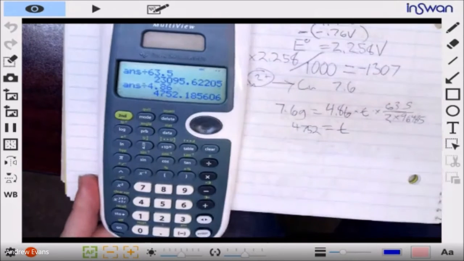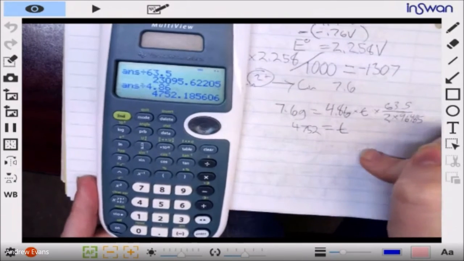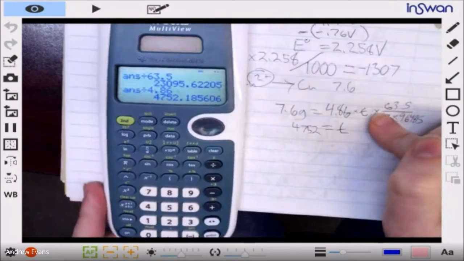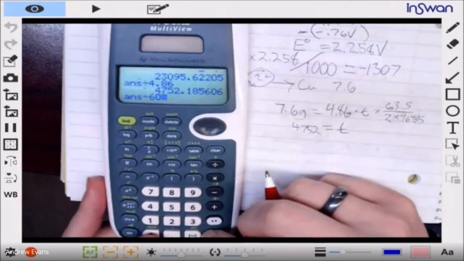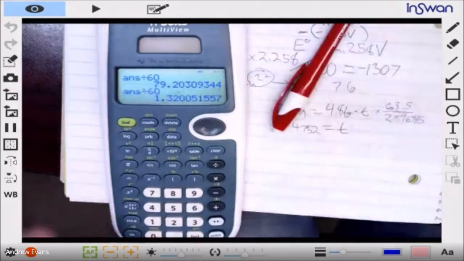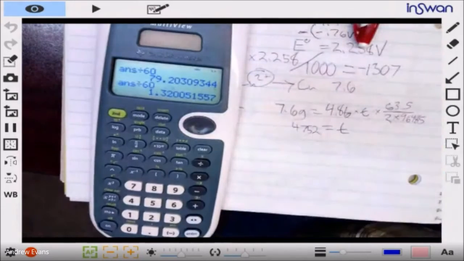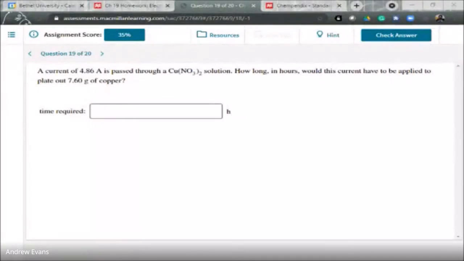It's always going to be seconds because current is coulombs per second. That's what an amp stands for. Now, because it asks for hours, we turn it into minutes, and then into hours. So to get 7.6 grams of copper, it would take 1.3 hours.